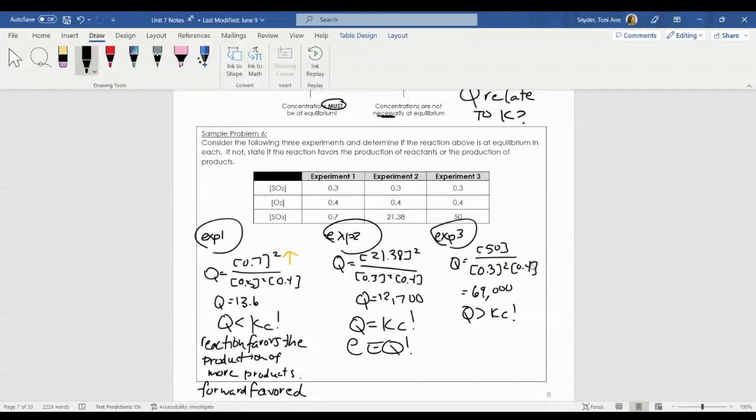In this case, this means that my concentration of my products is way too high. So I said here that my concentration was too low. I needed to raise it in order to reach the equilibrium. Here, I actually have to lower this concentration in order to get it to reach equilibrium. So I'm going to say we're going to lower it to reach equilibrium.